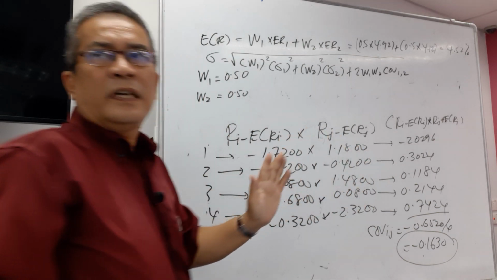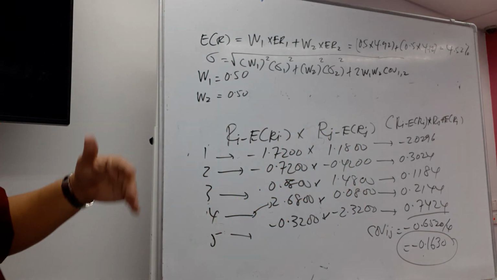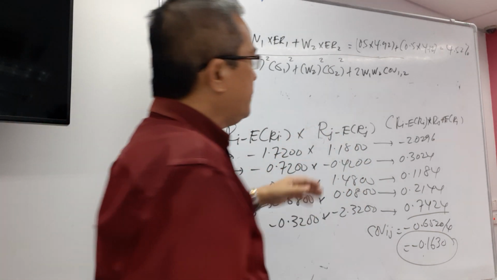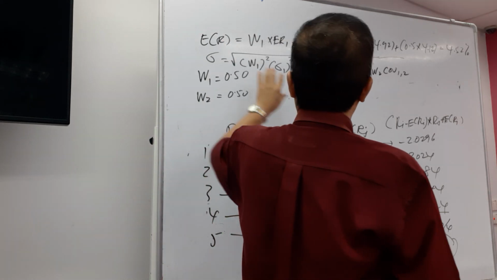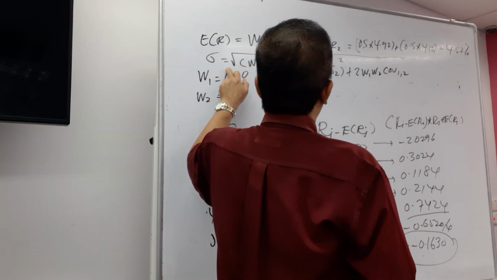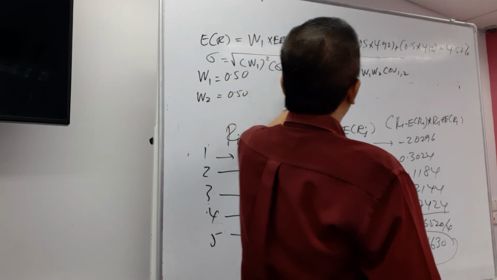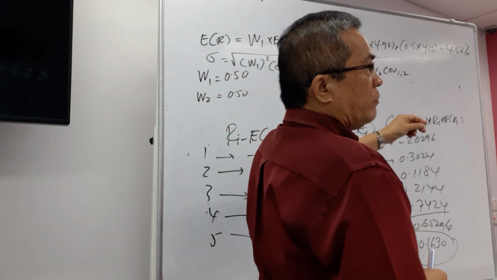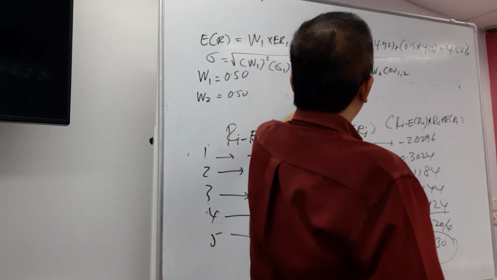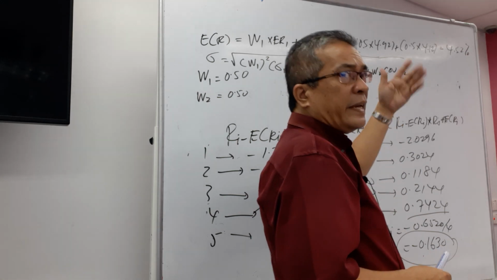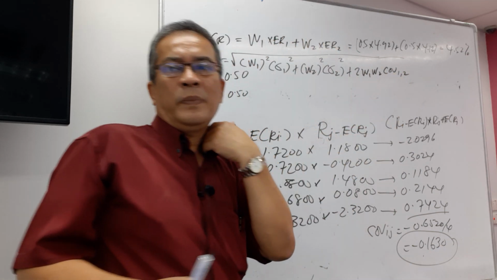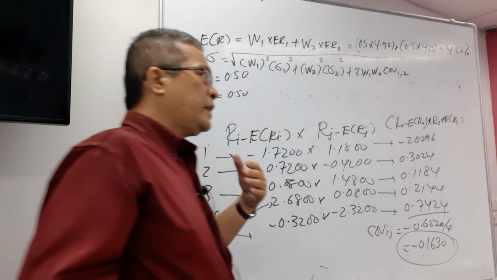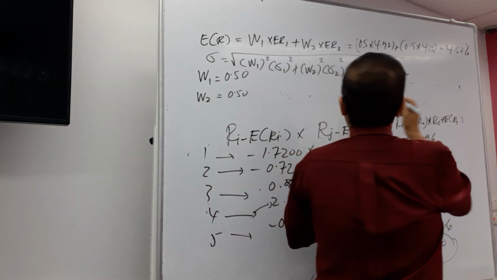Now all the information that we need, we already have. Now your job is simply to calculate the standard deviation of the two asset portfolio by plugging in all the numbers here, and I believe you get the answer. According to the answer scheme, what is the standard deviation of this portfolio?